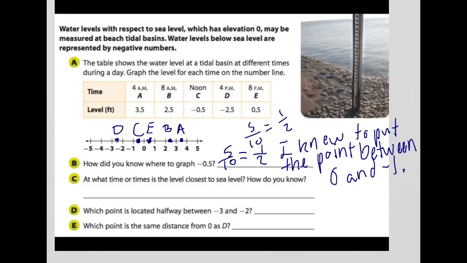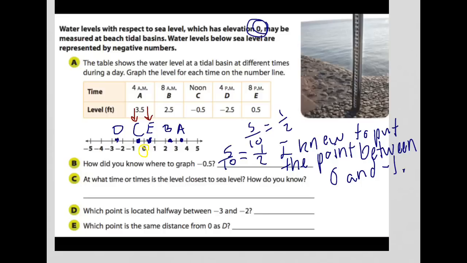At what time or times is the level closest to sea level? How do you know? So closest to sea level, it says has an elevation of 0. So back up here, in the bolded part at the top, it says sea level is at an elevation of 0. So I'm trying to figure out what two numbers are closest to 0. So it really looks like there's two, C and E. And they look like they're the same distance, or the same absolute value, from 0.